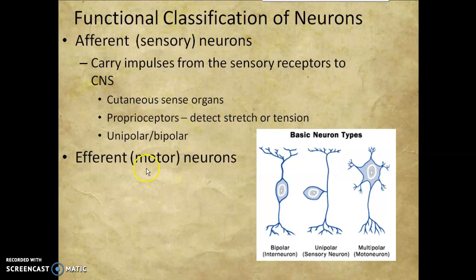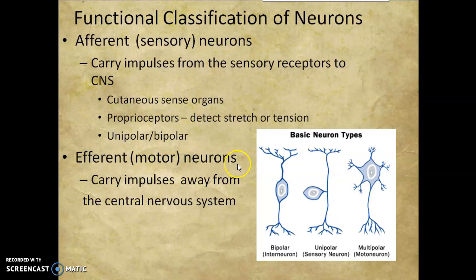Now your efferent motor neurons are going to be the ones that come from the central nervous system to the effectors, which a lot of times are muscles or hormone regulators. So they carry impulses away from the central nervous system, and they are multipolar oftentimes because they are the ones that literally tell the effectors what the brain is saying.